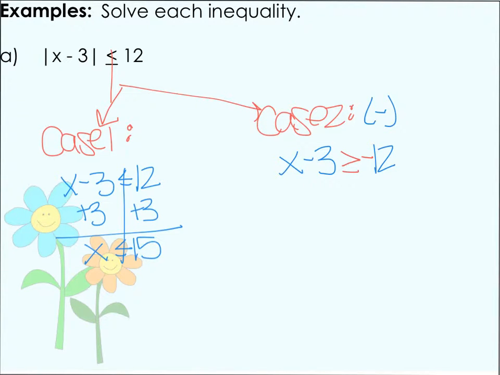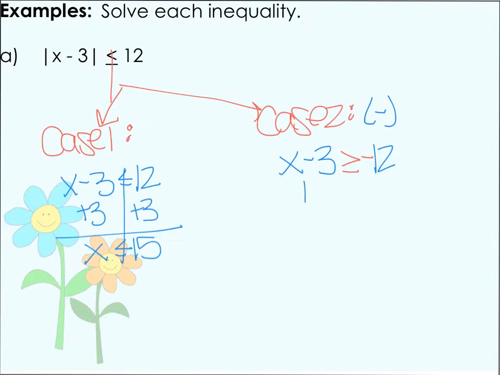So when we split up into the two cases, the absolute value symbols go away. In the second case, notice what's inside the absolute value stayed exactly the same. The only thing that changed is the inequality symbol is flipped, and we have the negative number for our absolute value, meaning the number that's on the other side.